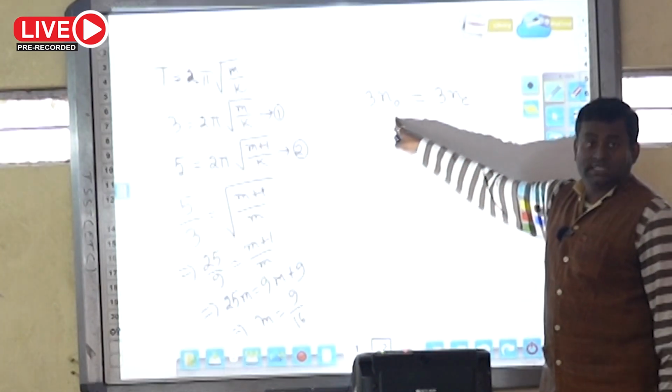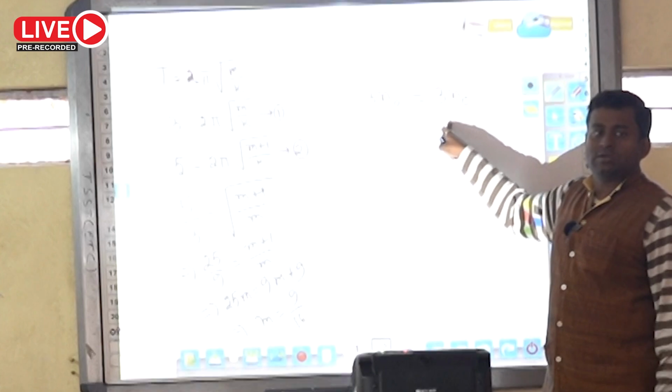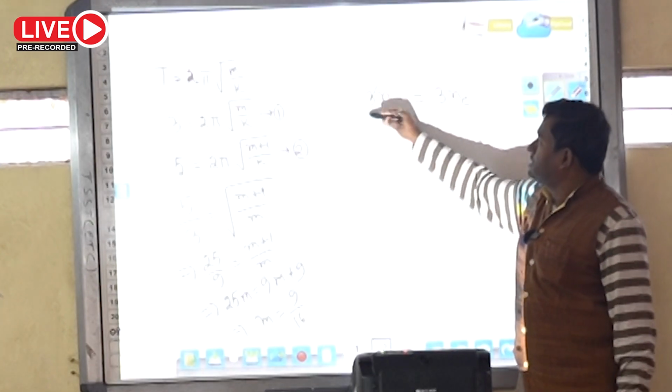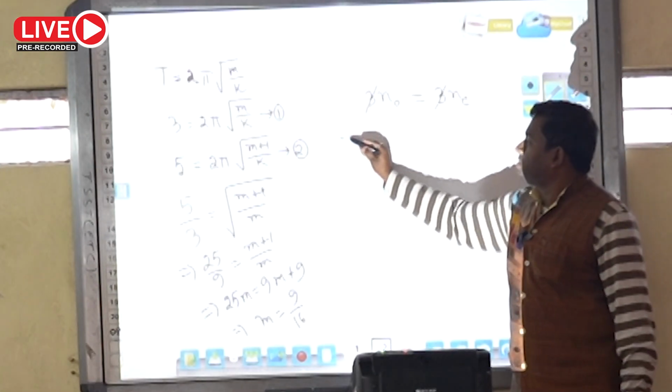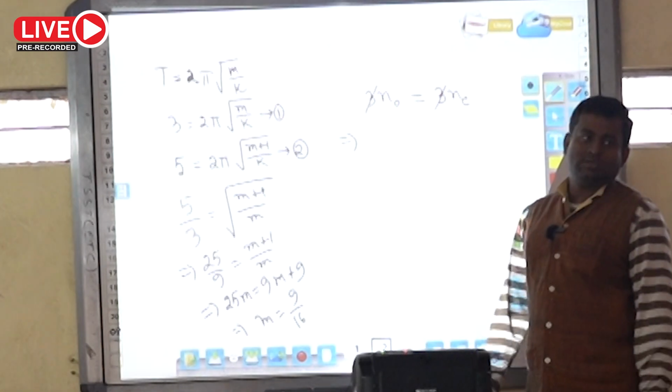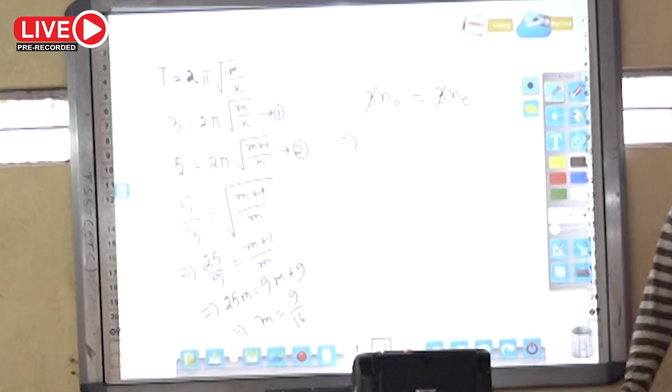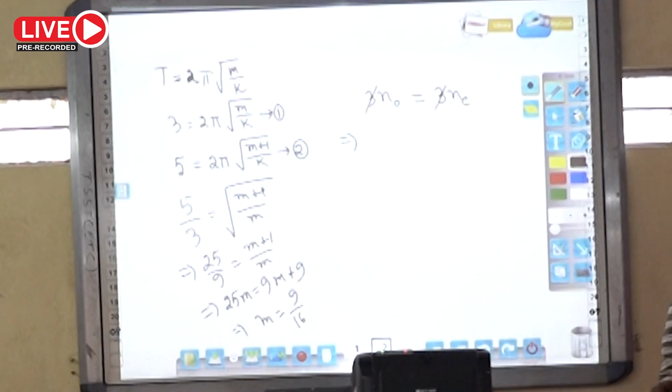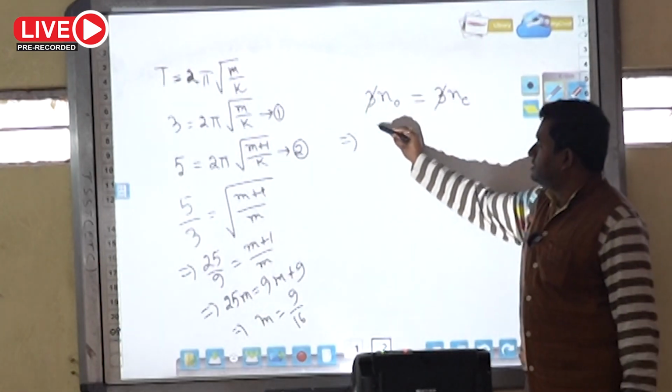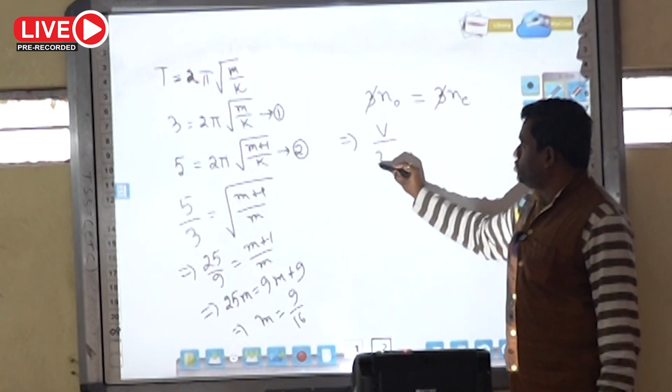So fundamental, then first overtone, which is the third harmonic in case of a closed pipe. So the subscript 0 stands for open pipe, and c stands for closed pipe. Then 3 will cancel. Then simply put n0 for the open pipe, that will be V by 2Lo.